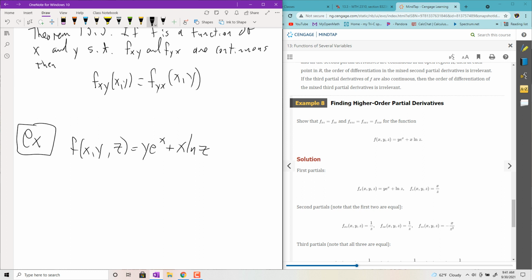So I need f, and we're showing the equivalence of these partials. Fxz we want to show is equal to fzx, and then we want to show that fxzz is equal to fzxz, which is equal to fzzx.